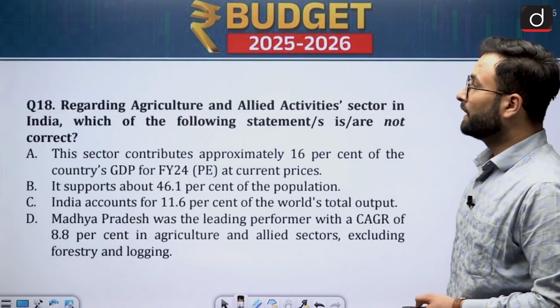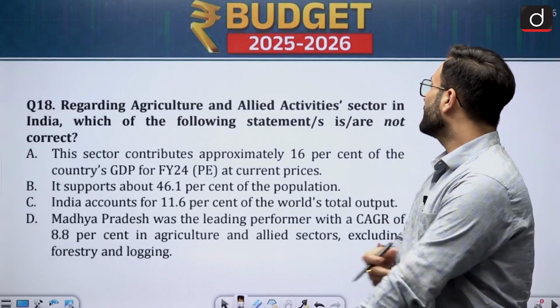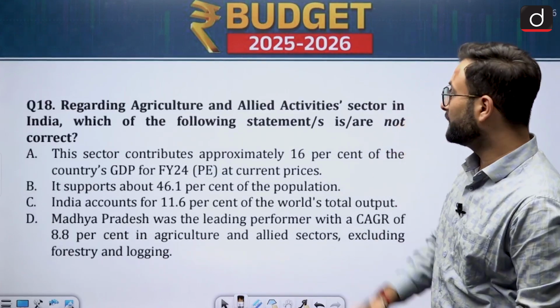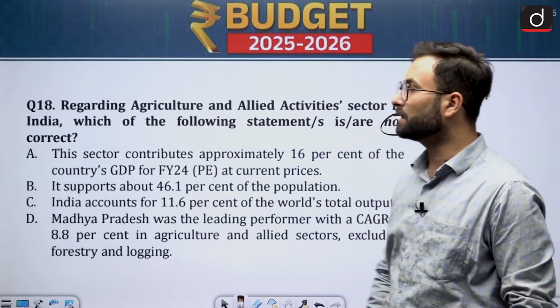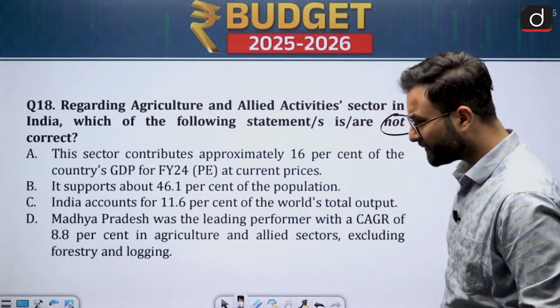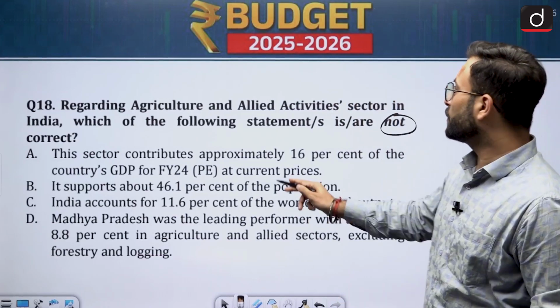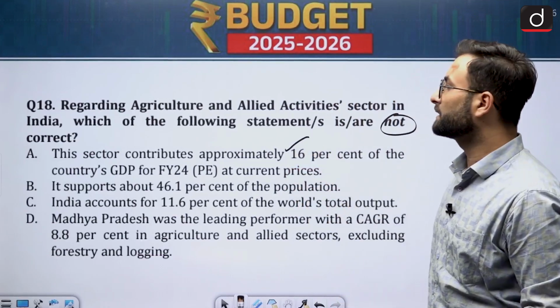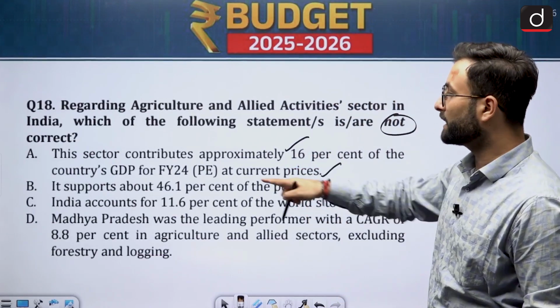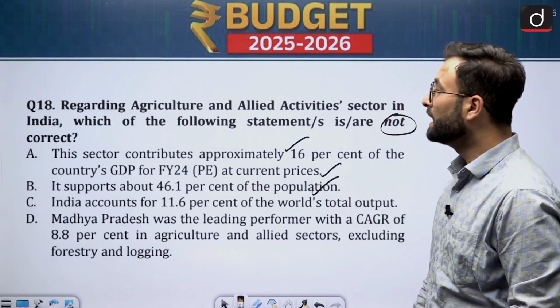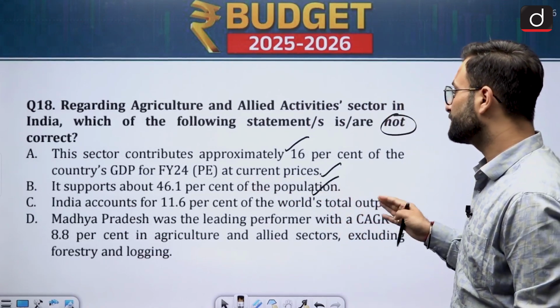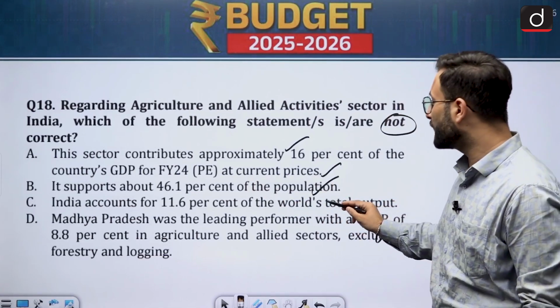Question number 18, regarding agriculture and allied activities sector in India, which of the following statements is or are not correct? They are talking about the one which is not correct. So let's see. The sector contributes approximately 16% of the country's GDP. That is correct. Coming to the second one, it supports about 46.1% of the population. This is also correct. India accounts for 11.6% of the world's total output. That is also correct.